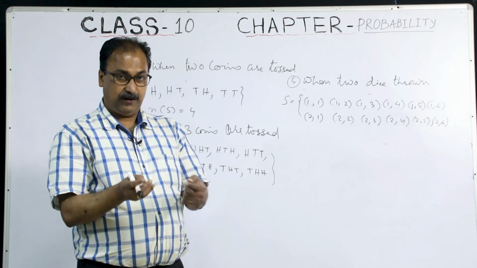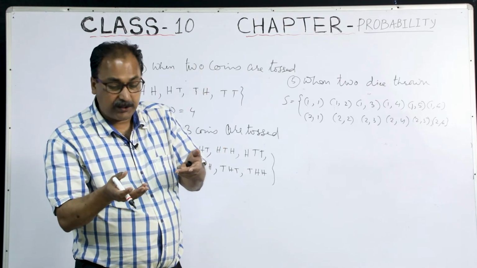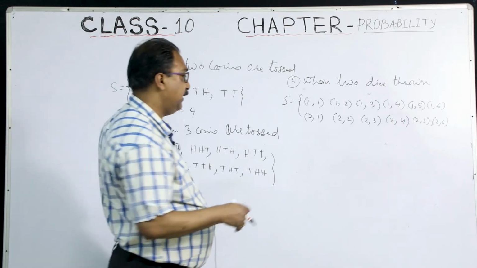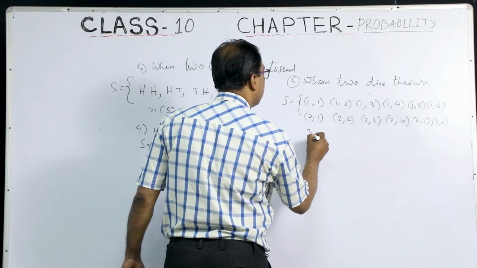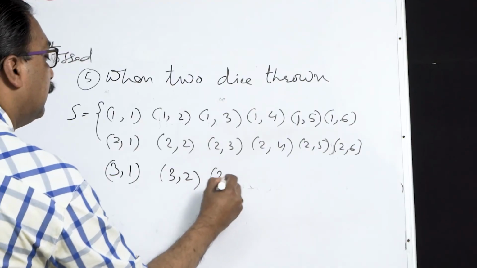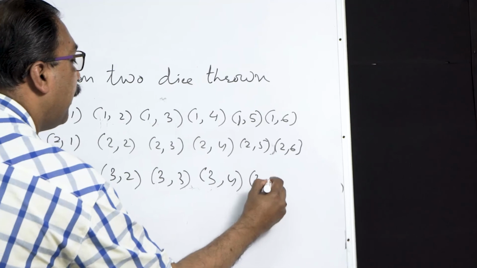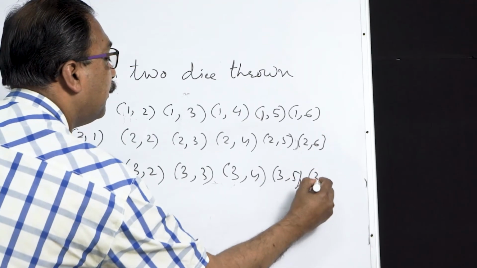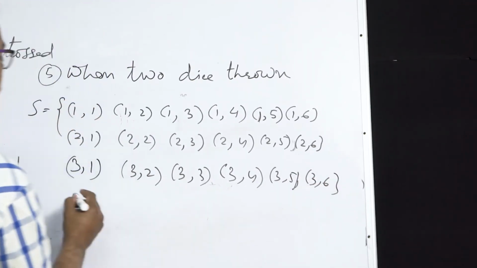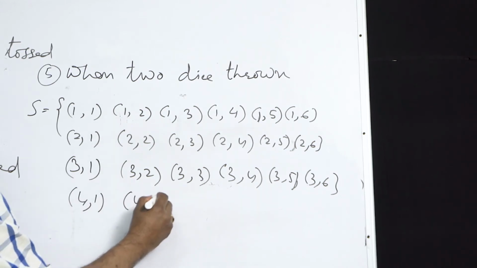Just look at this, dice 2, so it has come 2, there is also 2. It may be 2, it may be 3, it may be 2, who knows, no? There is uncertainty. So it will be 3, 1, 3, 2, 3, 3, 3, 4, 3, 5, 3, 6. Next, like this, same pattern.